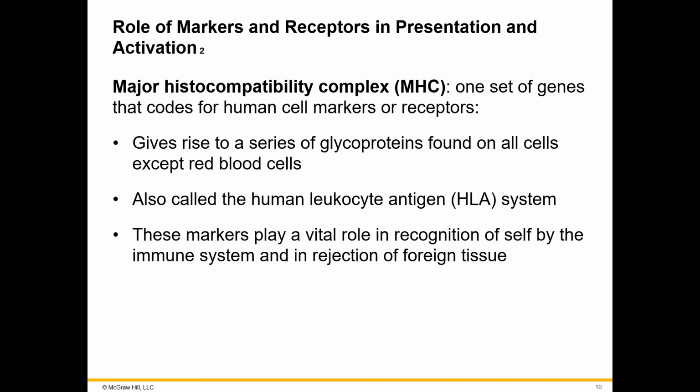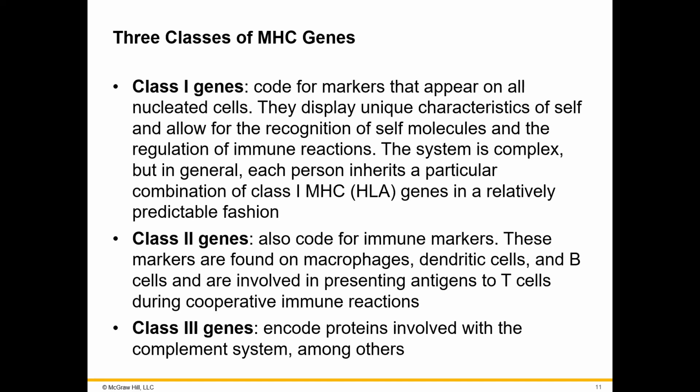The major histocompatibility complex is also called the human leukocyte antigen system, the HLA system. This set of markers plays a vital role in recognition of self by the immune system, as well as in rejection of foreign tissue. Now, there are three classes of major histocompatibility complex genes that have been identified.